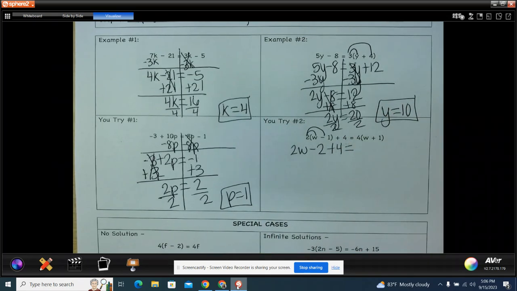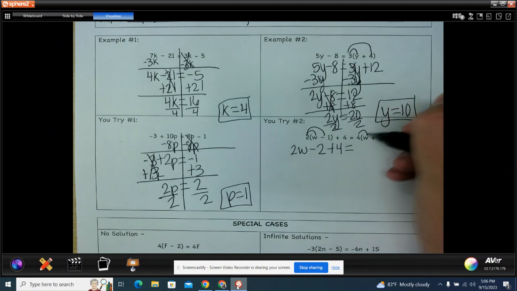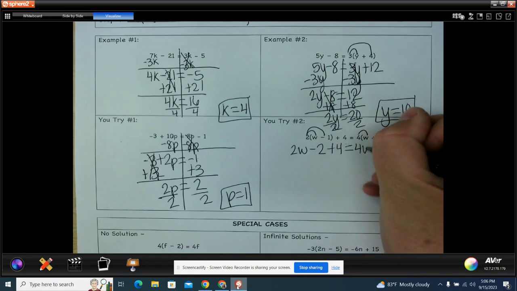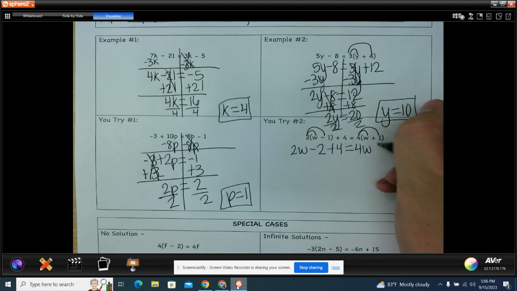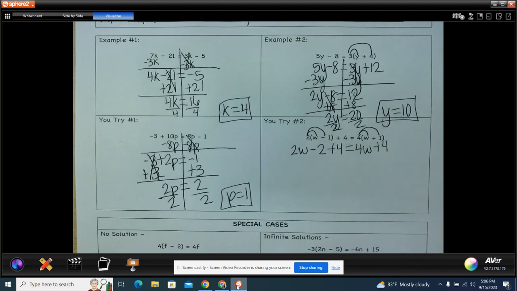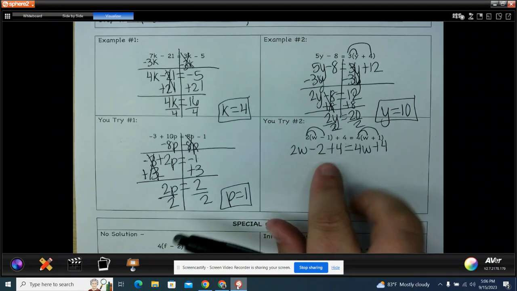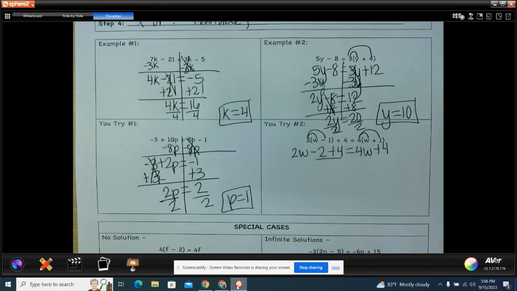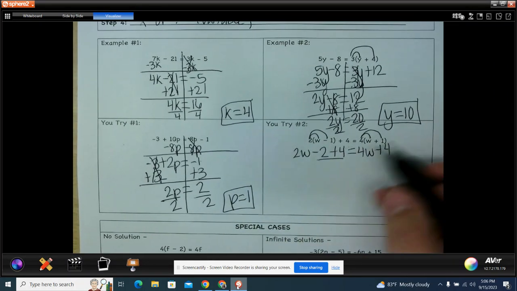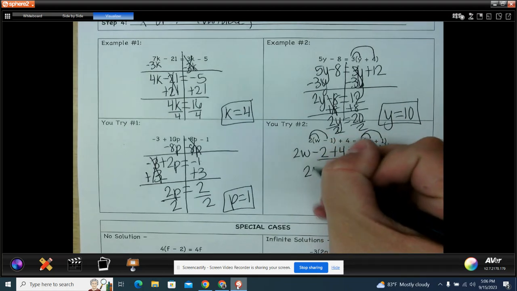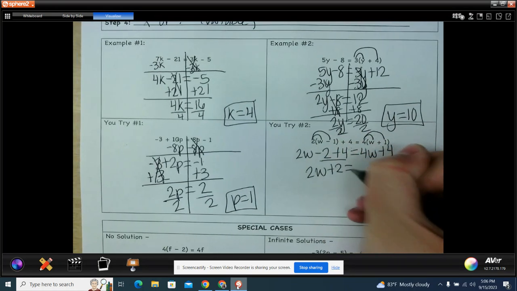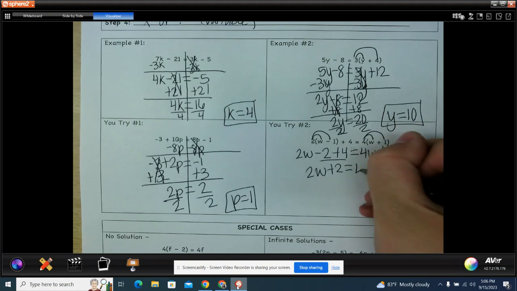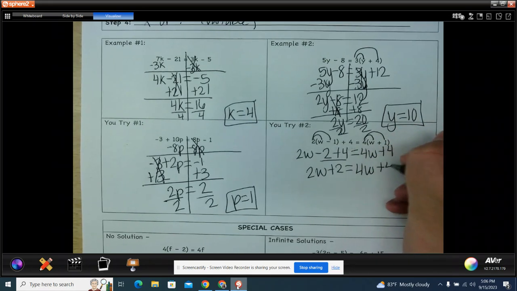The right side, we're going to distribute a 4. 4 times w is 4w. 4 times plus 1 is plus 4. We do have extra numbers on this side that we need to combine because we don't need to move one and then move the other when we can just move it one time. So negative 2 plus 4 is going to turn into plus 2. So I've got 2w plus 2, 4w plus 4.